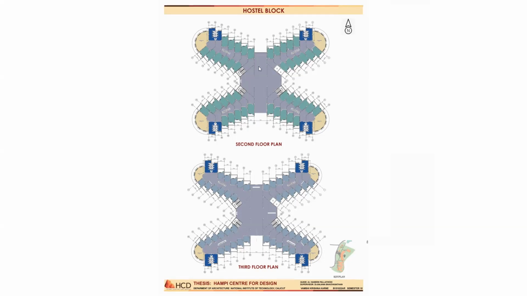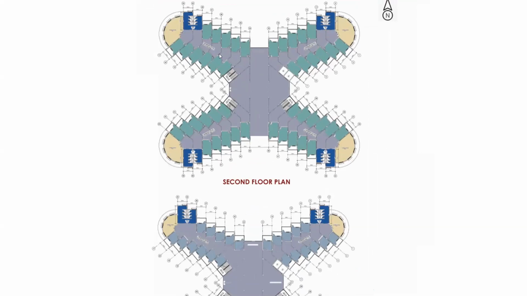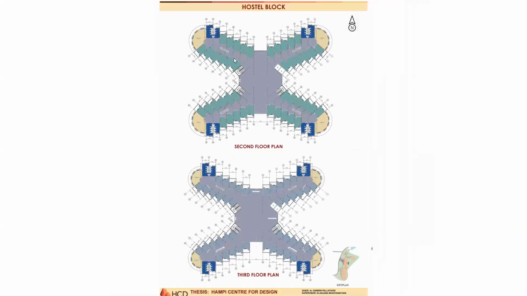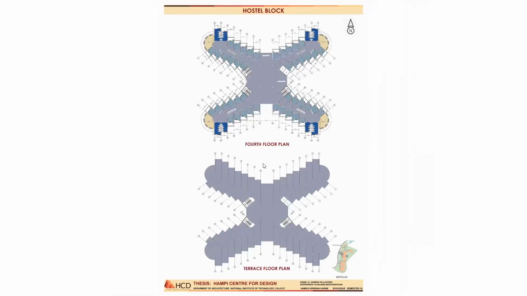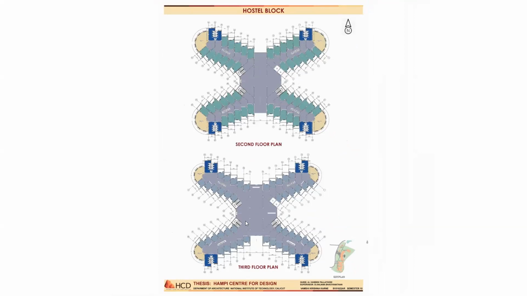And here in the second floor, the number of occupants is decreased to two persons per room, provided with all the basic facilities. And on the third floor, it's reduced to one person per room.